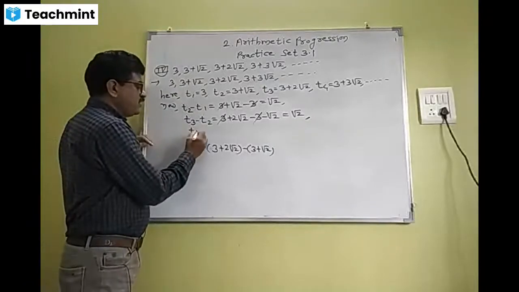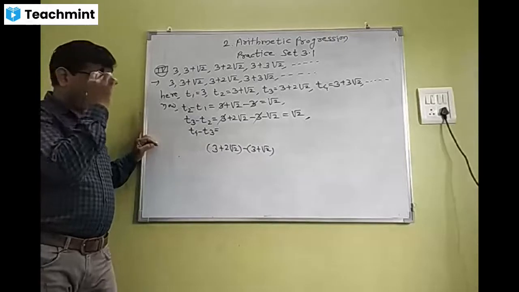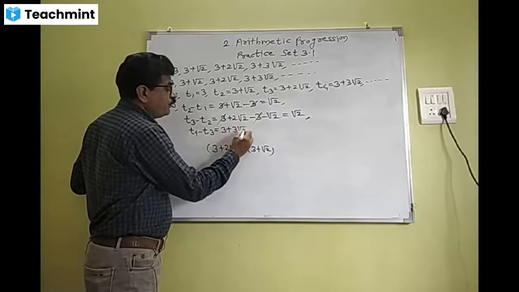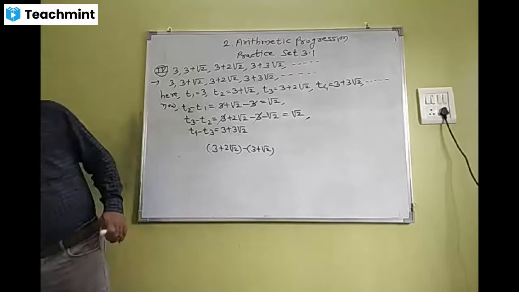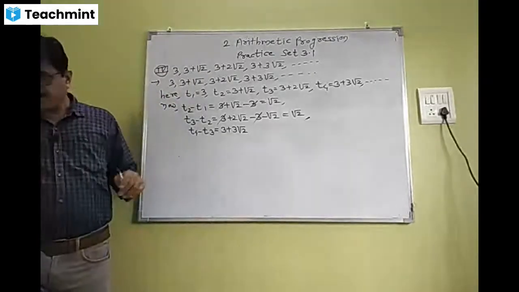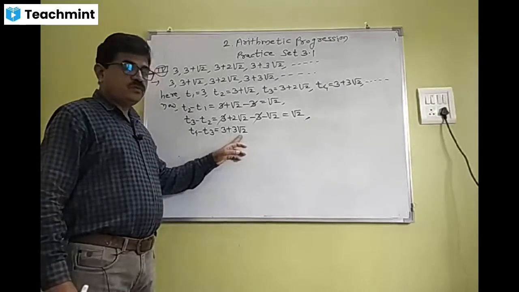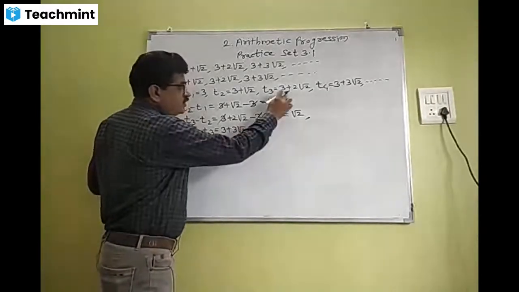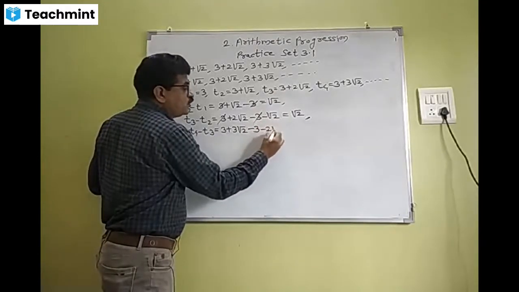Next, T4 minus T3 is equal to T4 minus T3, that is T4 is 3 plus 3 root 2. सांगा कसं लिहावं लागेल? काय लिहू मी तर सांगा. 3 plus 3 root 2, minus 3 minus 2 root 2.